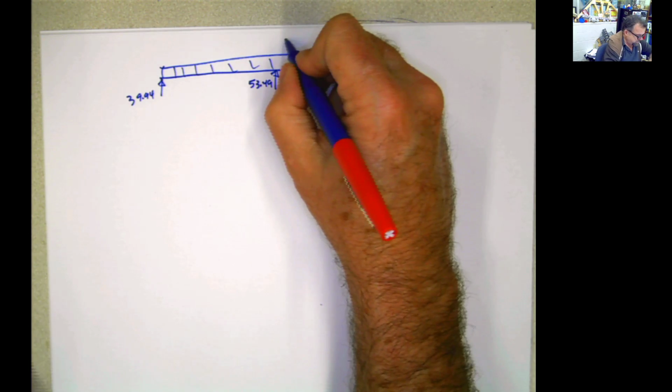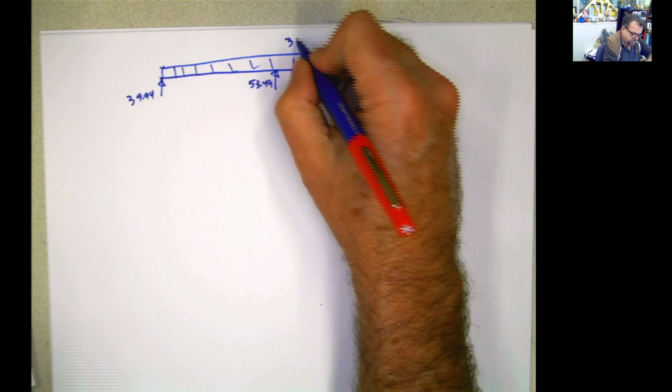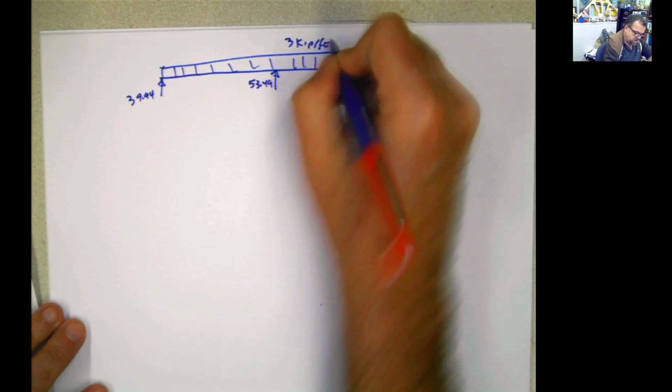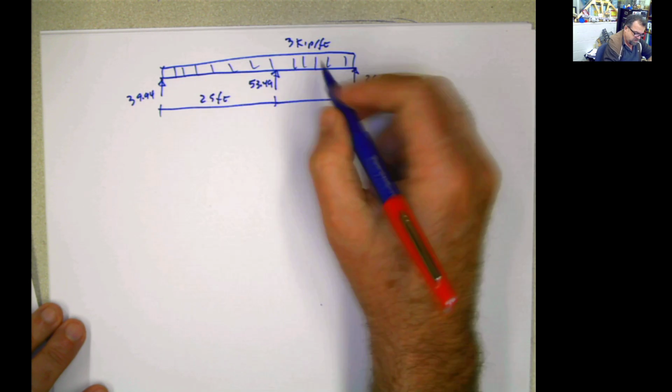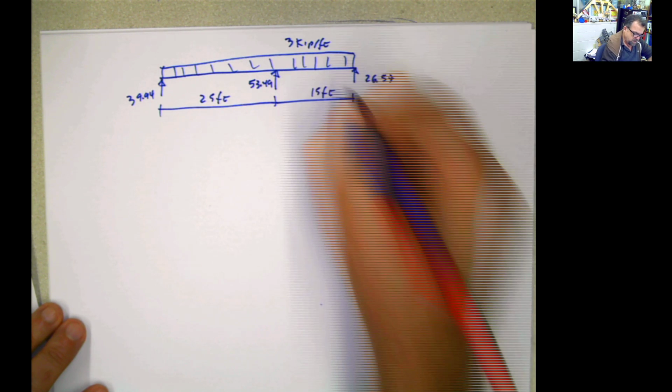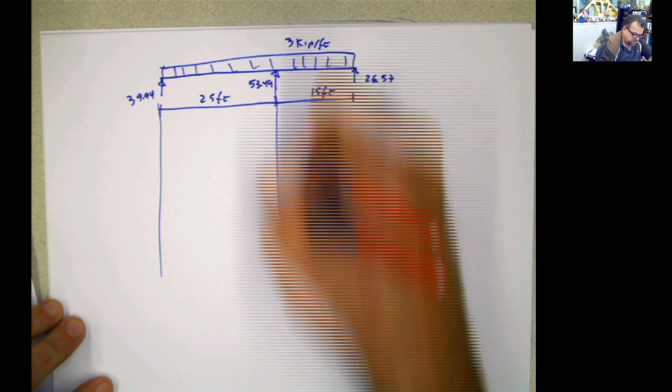The value is 3 kip per foot. And this is 25 feet and 15. And you do your shear moment diagram.